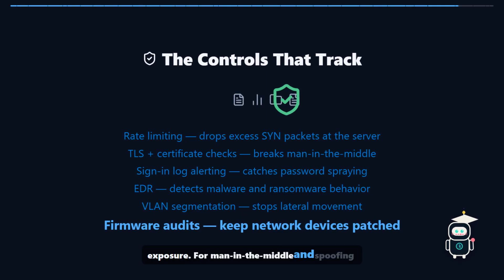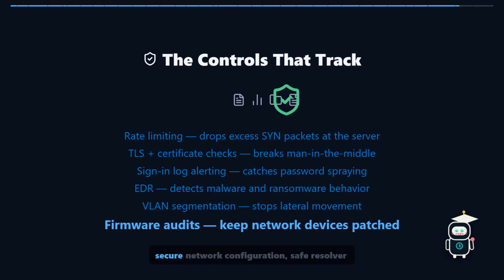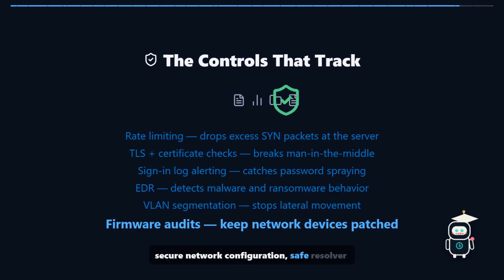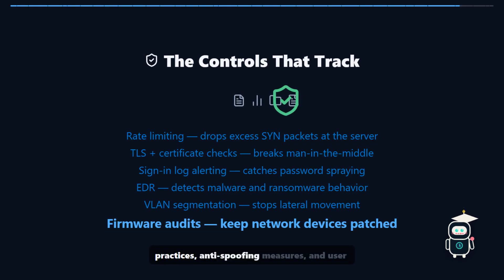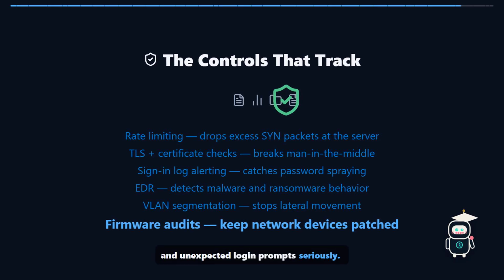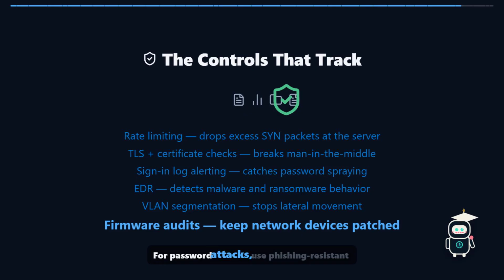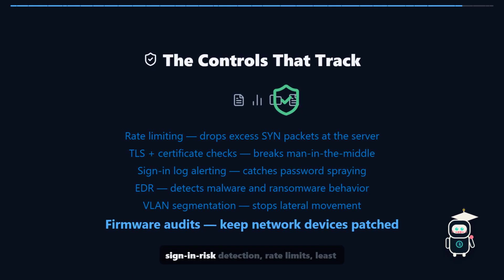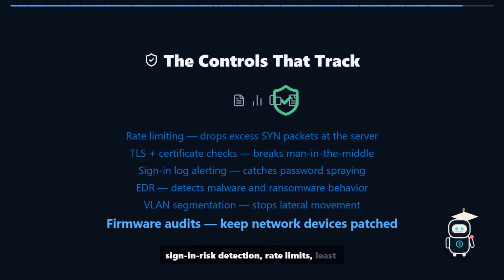For man-in-the-middle and spoofing risk, use correctly validated TLS, secure network configuration, safe resolver practices, anti-spoofing measures, and user training that treats certificate warnings and unexpected login prompts seriously.